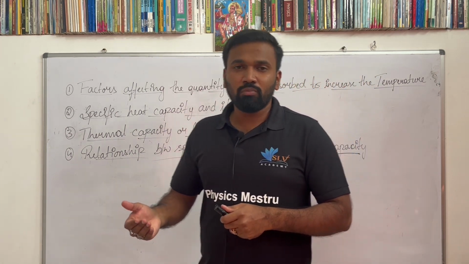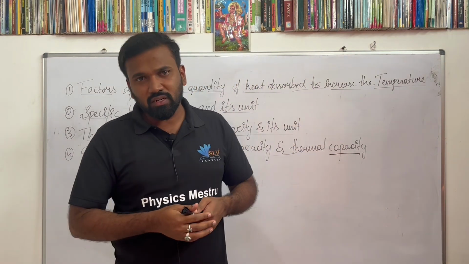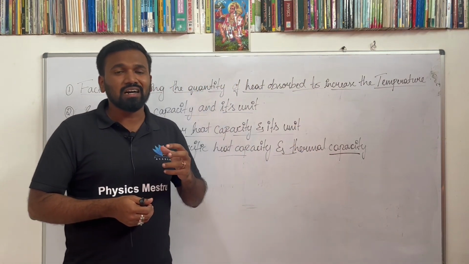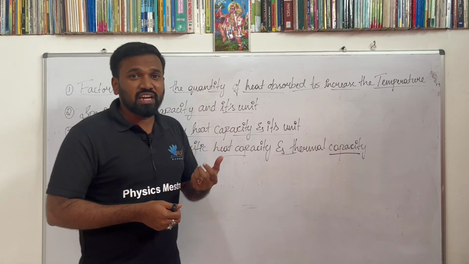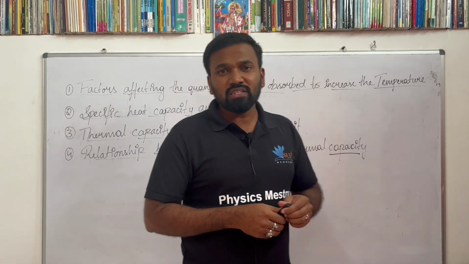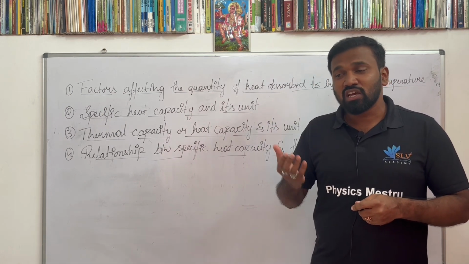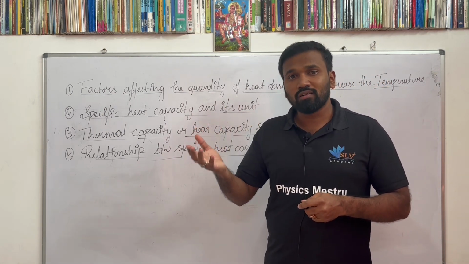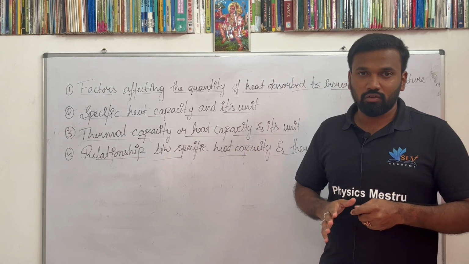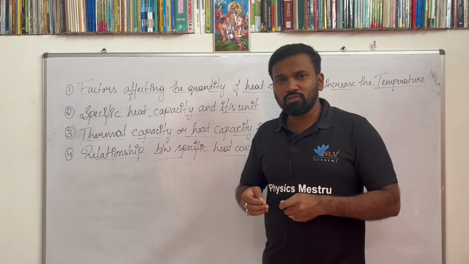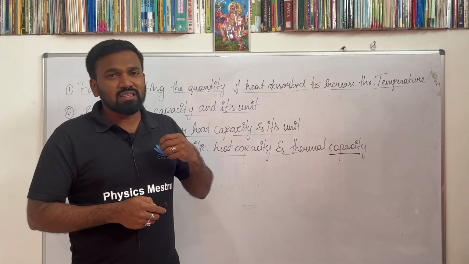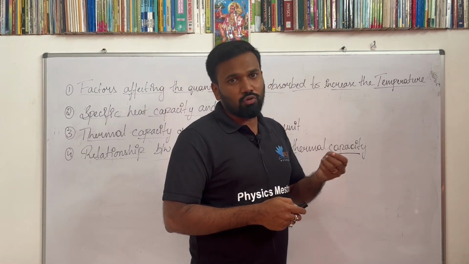And then we came to know about the temperature. Temperature is a parameter which gives the thermal state of a body. It is the parameter which says which body is hotter than which other body. The simple definition is that temperature is the measurement of degree of hotness or coldness of a body.